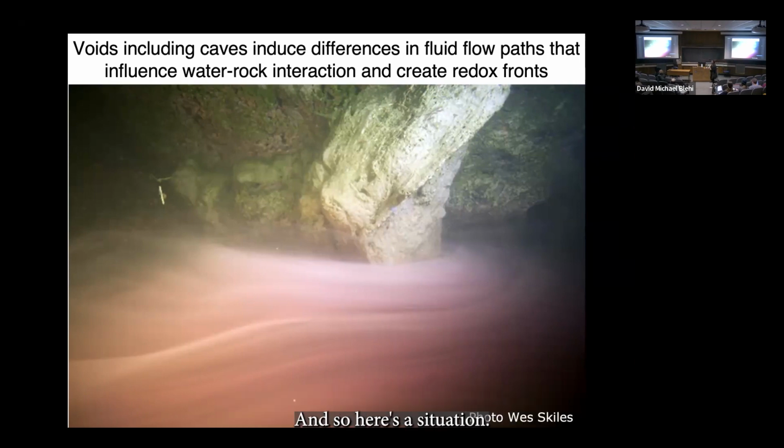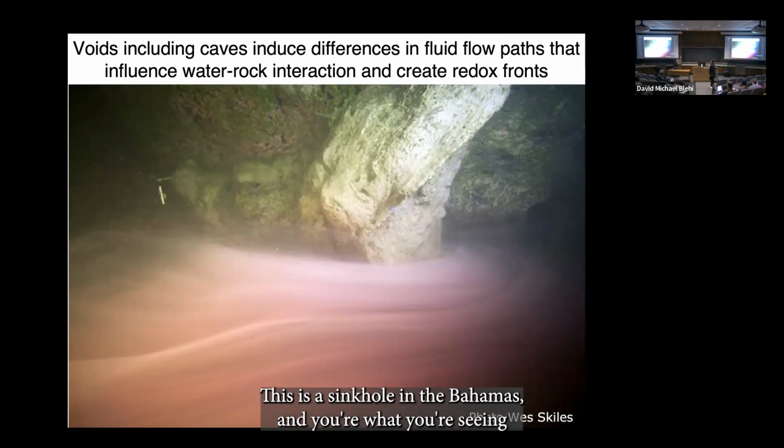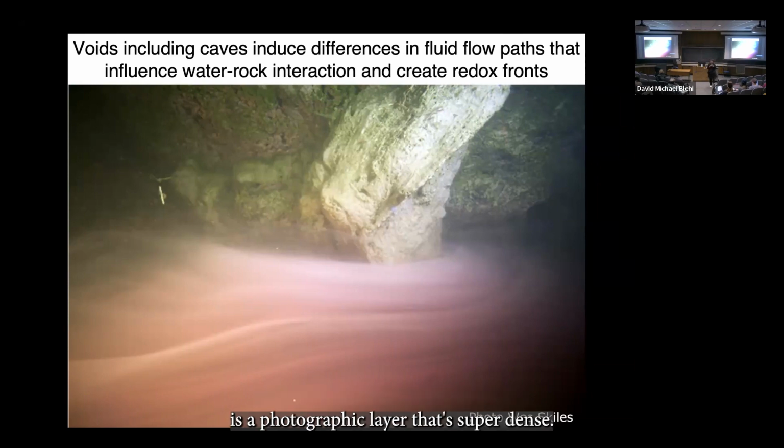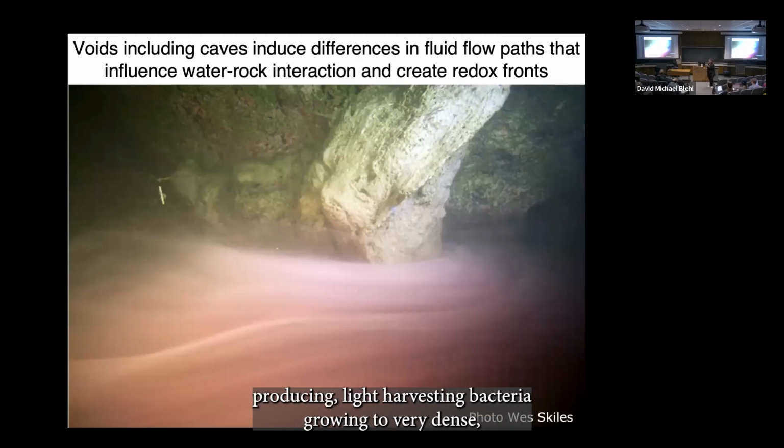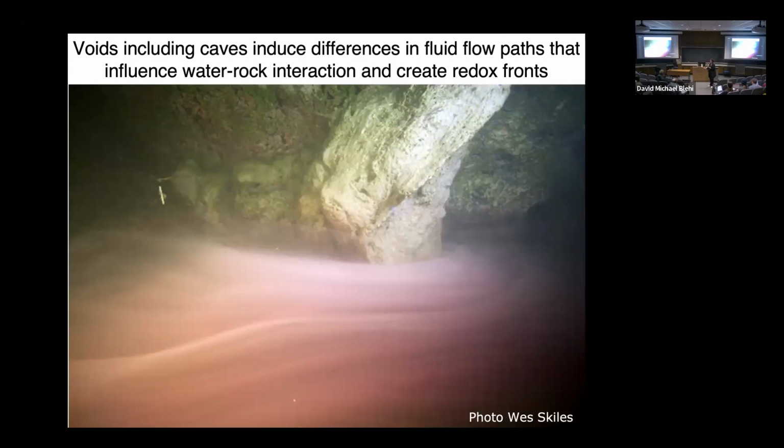And so here's a situation. This is a sinkhole in the Bahamas, and what you're seeing is a phototrophic layer that's super dense. It looks like pink Kool-Aid when you bring it up. And these are anoxygenic or non-oxygen producing light harvesting bacteria growing to very dense populations.